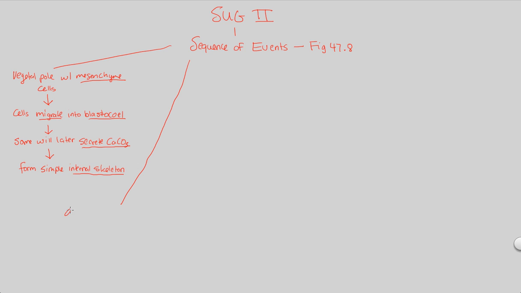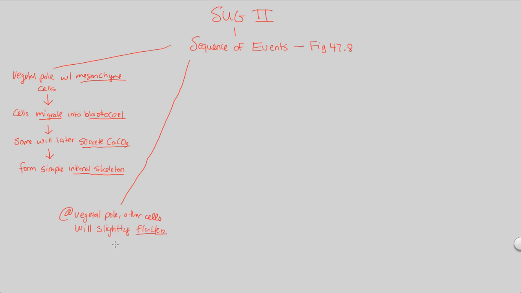Let's say there's also going to be some other events going on at that vegetal pole. So let's write this down. So let's go back to that vegetal pole. There's going to be other cells there at the vegetal pole. Other cells, not these mesenchyme cells, but other cells will do something different. They will slightly flatten. Okay, so this is the process they will undergo during gastrulation.